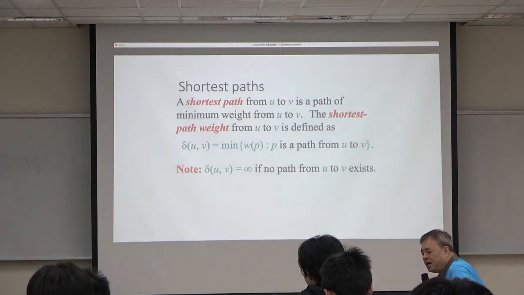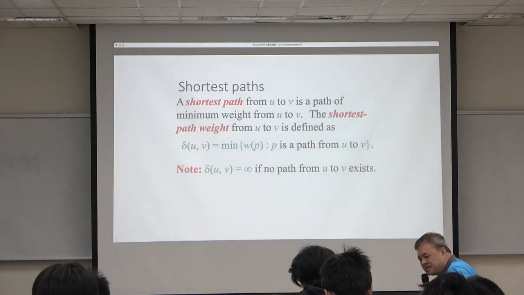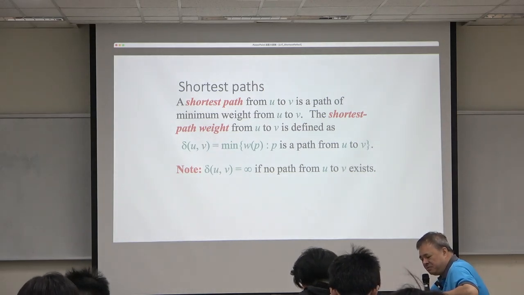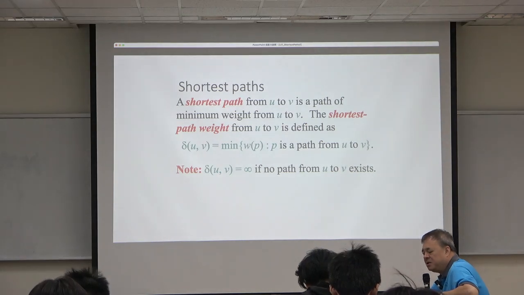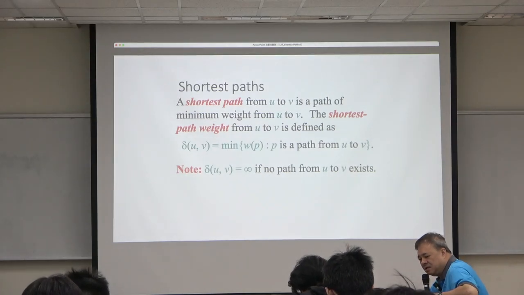So what we are talking about here is any of such paths, as long as its weight is the lowest, the minimum, then it will be said to be one of the shortest paths.